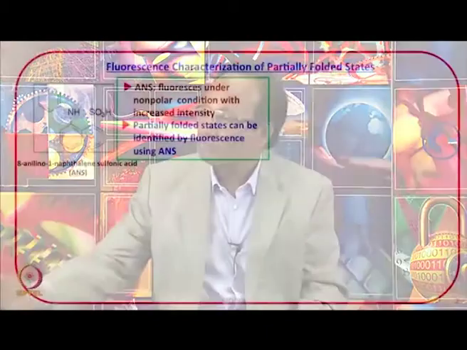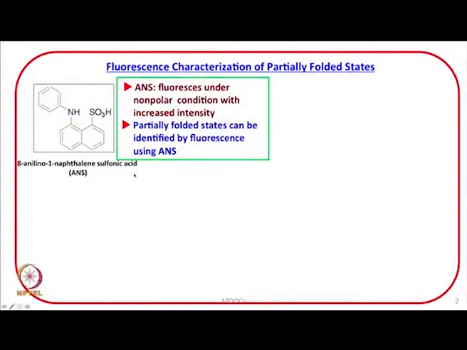And that is why ANS has been extensively used in the characterization of the partially folded states of proteins. Let us take a look at the comments. ANS fluoresces under non-polar conditions with the increased intensity because of the interaction of the non-polar moiety with the non-polar acceptors. That is why the partially folded states can be identified by fluorescence using ANS.